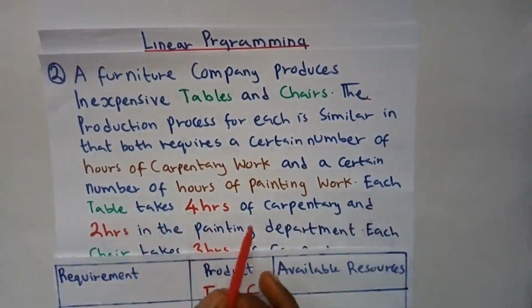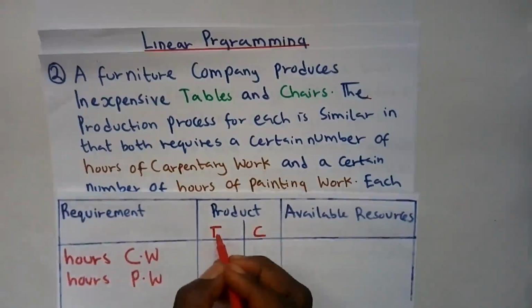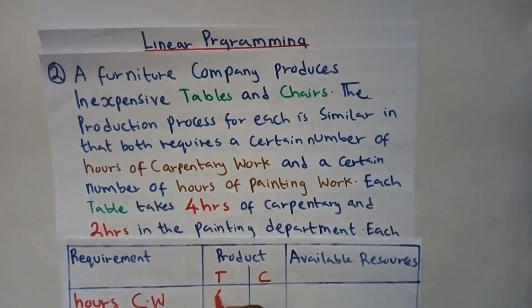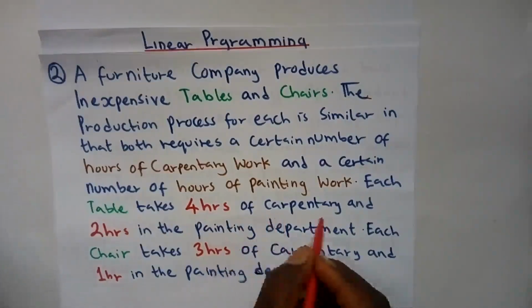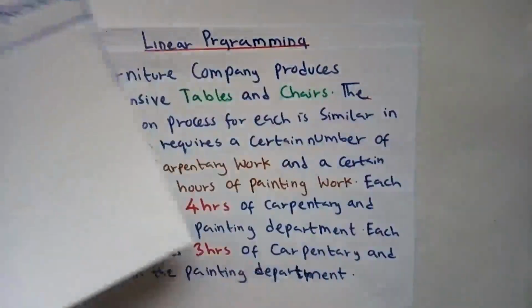Each table takes 4 hours of carpentry and 2 hours in the painting department. So each table takes 4 hours of carpentry and 2 hours in the painting department.